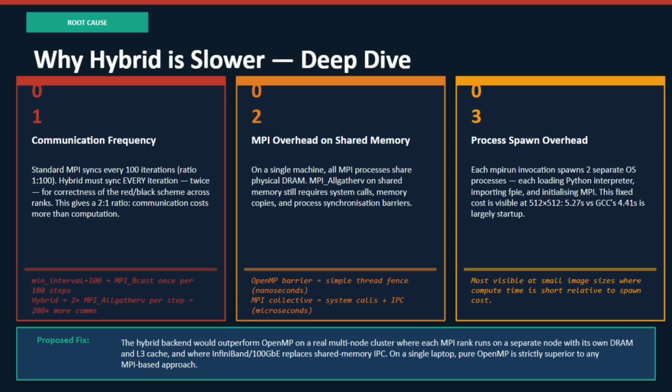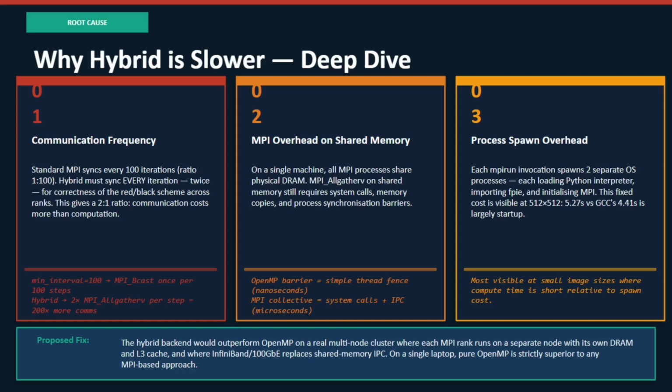The second cause is that MPI is expensive on a single machine. We only had one machine, with one RAM, so there was no actual work division. And the last is the startup cost, because every time we call mpirun, it spawns two separate OS processes, and each one has to load Python, import these modules and initialize MPI.